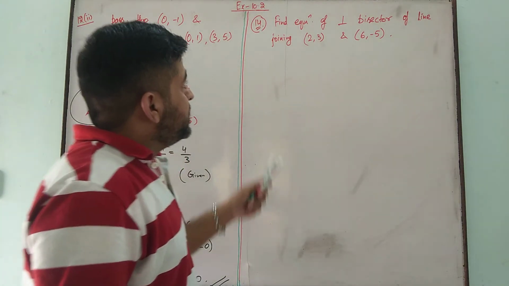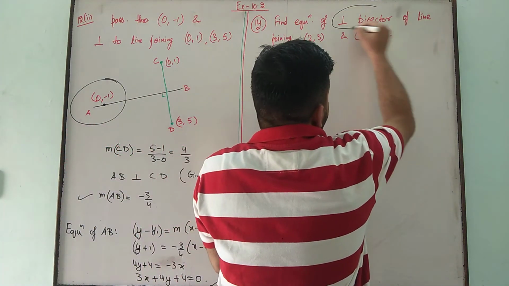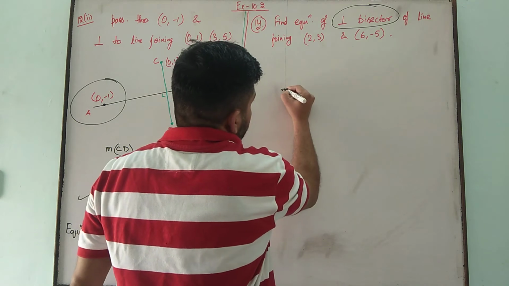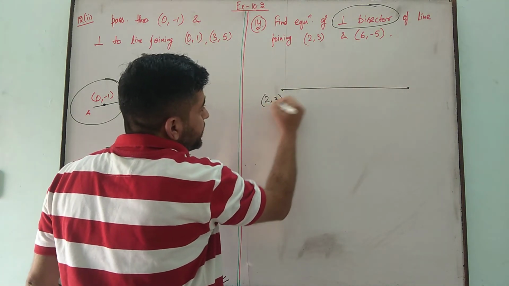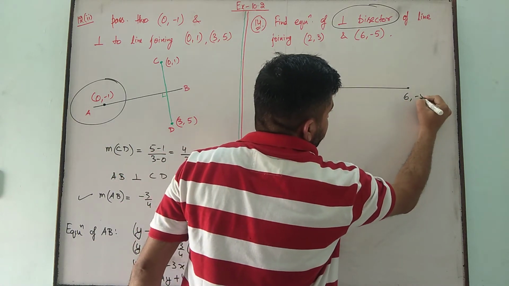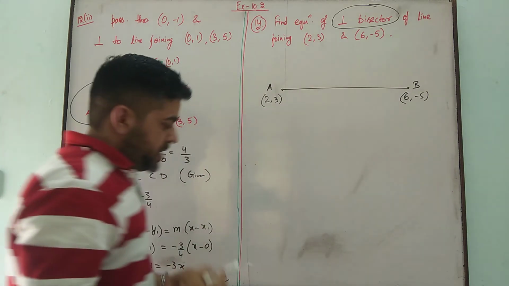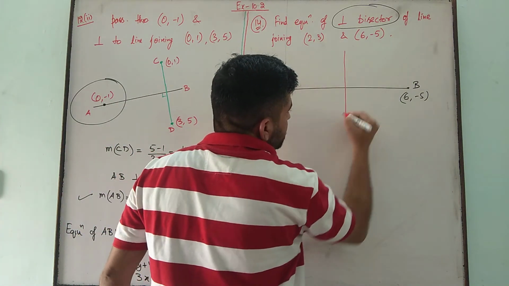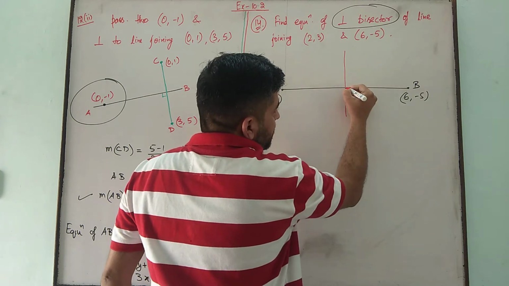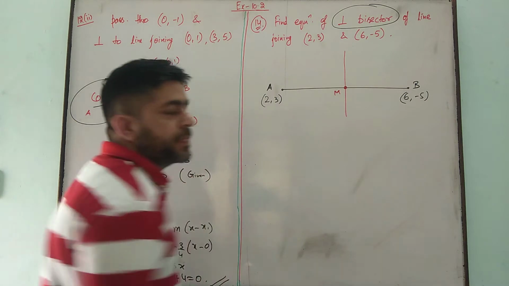Question number 14. Find the equation of the perpendicular bisector of a line joining (2, 3) and (6, -5). Let us say A, B. Equation of perpendicular bisector means we are going to find the equation of this line which is passing through the midpoint of AB.